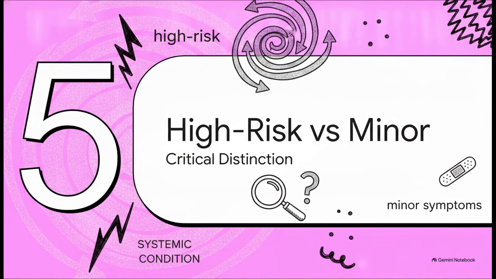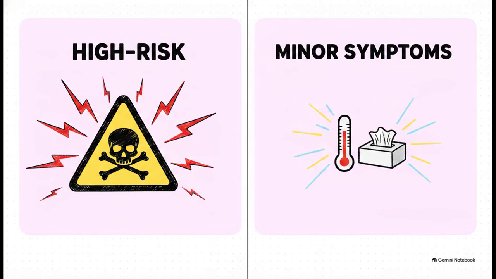Section 5. High risk versus minor symptoms. This is the critical distinction right here. And this brilliantly illustrates the strict dividing line we have. High-risk systemic illnesses include severe conditions like pyelonephritis, pneumonitis, colitis, meningitis, and early sepsis. These are serious conditions with a high risk of morbidity if they're left untreated.